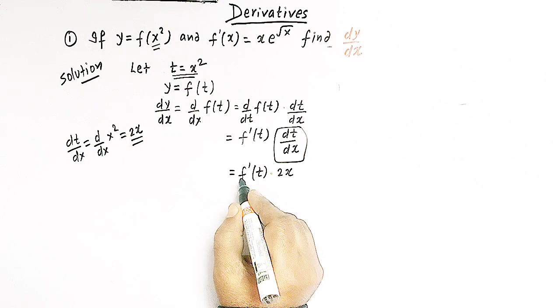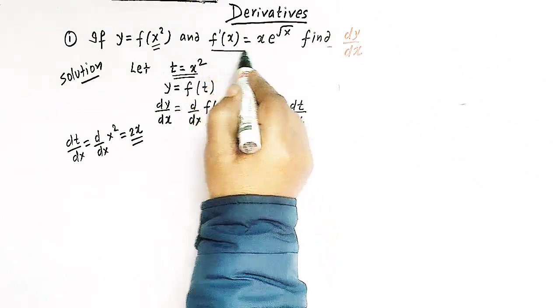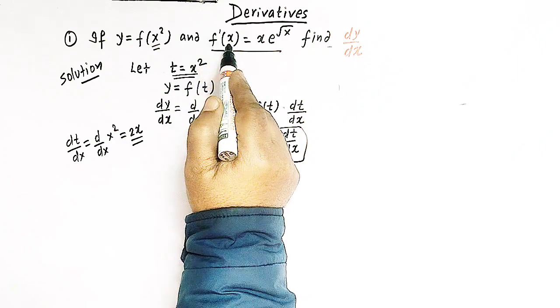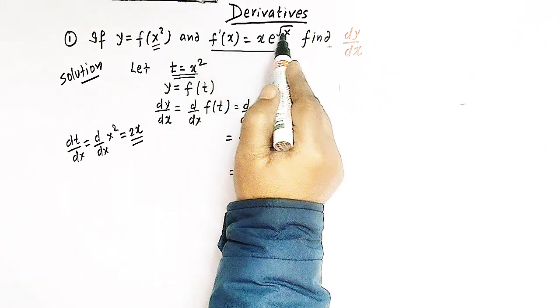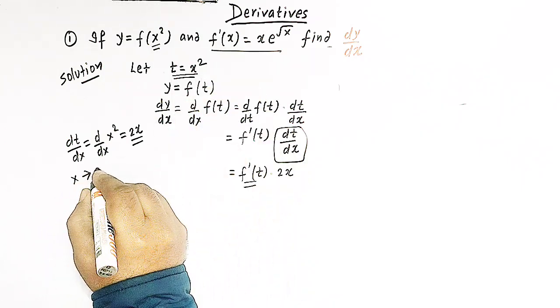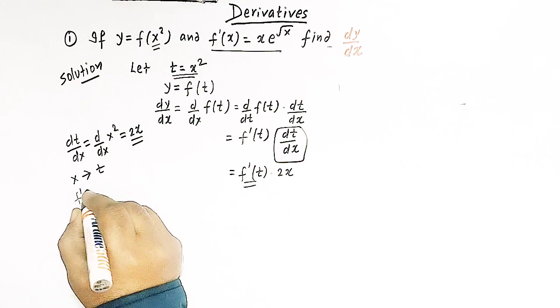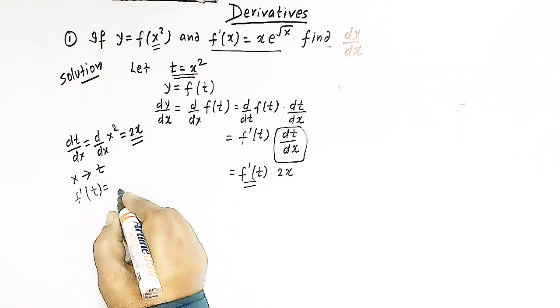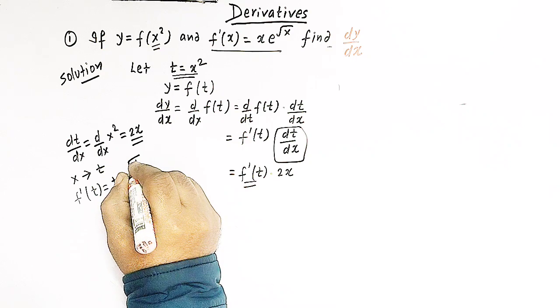Now let us find f prime of t with the help of this expression. Now f prime of x is defined as x times e raised to square root of x. So if we now replace x by t in this expression, then f prime of t is equal to t times e raised to square root of t.